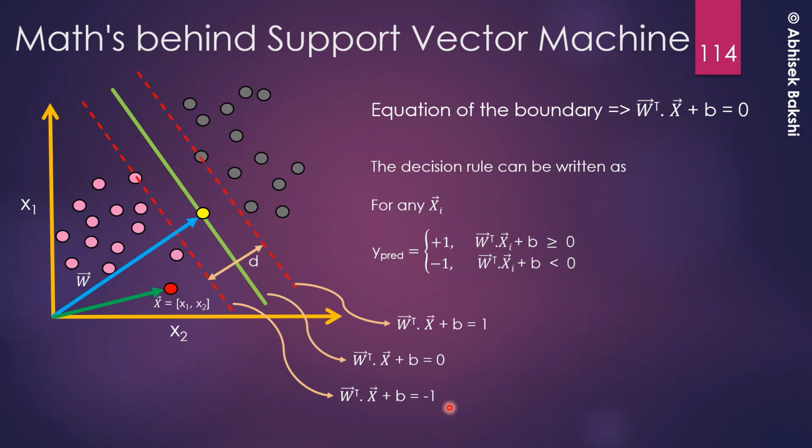There's no need to go for a multiplied version of the solution. That's why it's given 1. Now why are both the same? Both are the same because they are parallel. If you consider it is -2 and it is 1, then definitely they will not remain parallel to this particular decision boundary WTX plus B equal to 0. You can check at home.